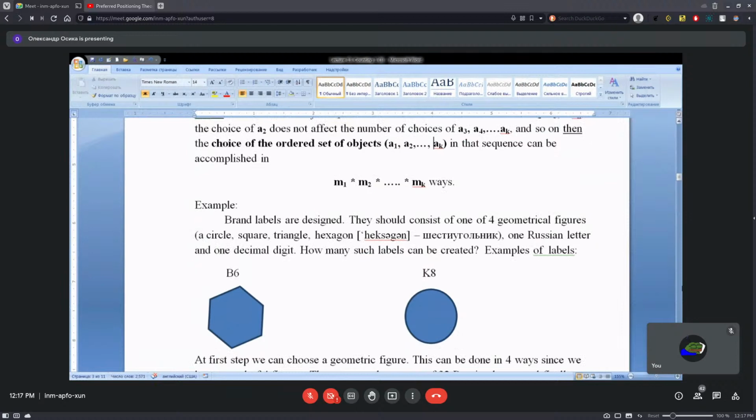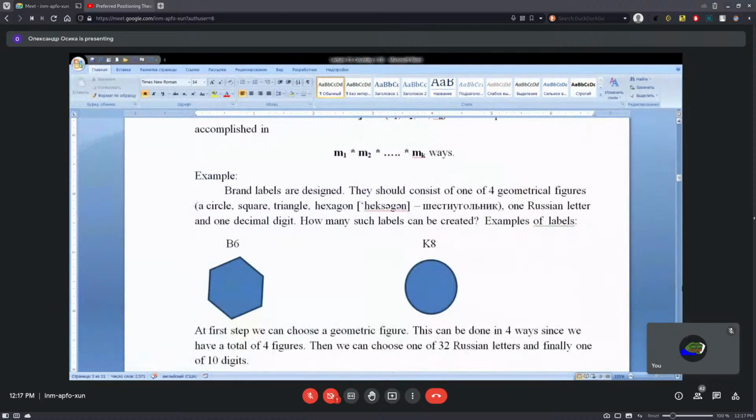Example. Brand labels are designed. Levi's, Nike, and so on. All these are brand labels. They should consist of one of 4 geometrical figures: a circle, square, triangle, hexagon. So 4 are geometrical figures.